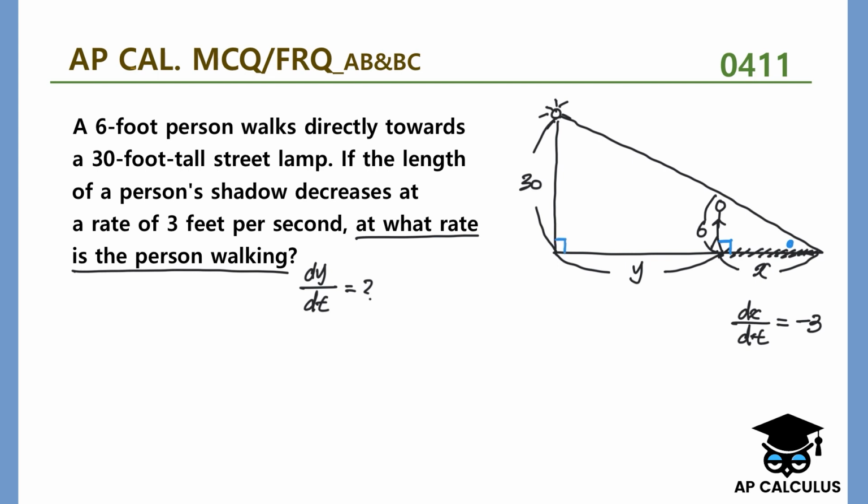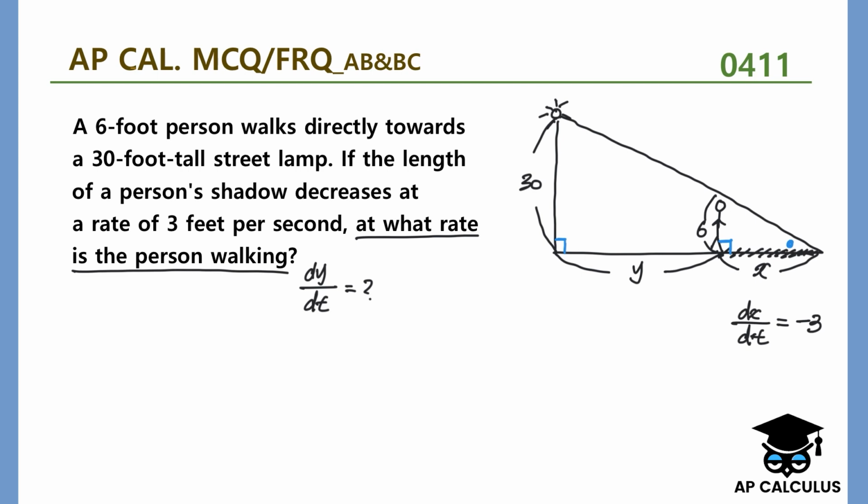So since the angle from this small triangle and the angle from this big triangle, and the right angle from this small triangle and the right angle from this big triangle, we have 2 congruent angles, right? So by AA similarity, these 2 triangles are similar. So we can write the proportion, right?